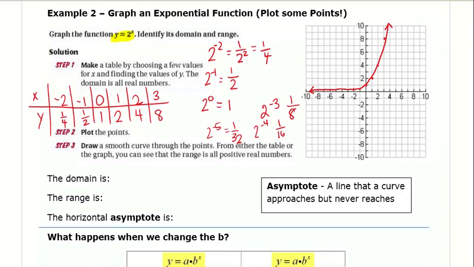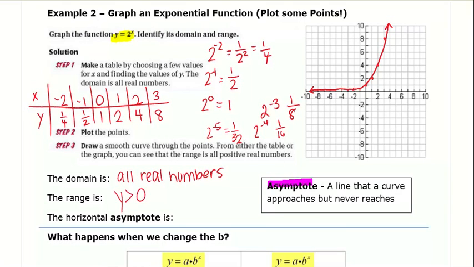For the domain, there's an arrow going this direction, an arrow going that direction. The domain would be all real numbers. Our range, our possible y values, well, we just said it's never going to reach 0, but it looks like it can be anything that's positive, so that would mean that y is greater than 0.